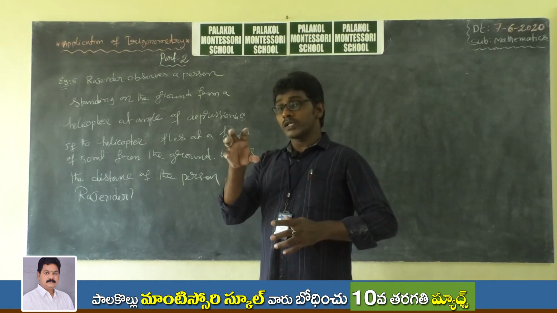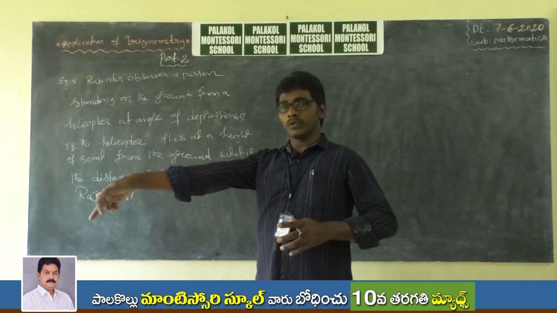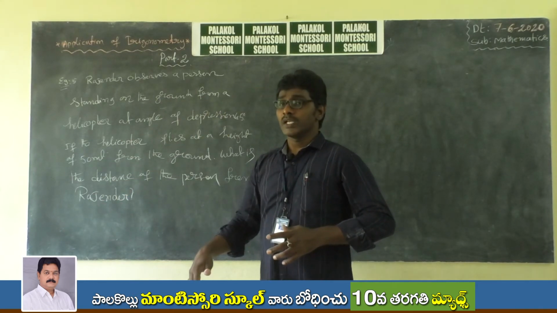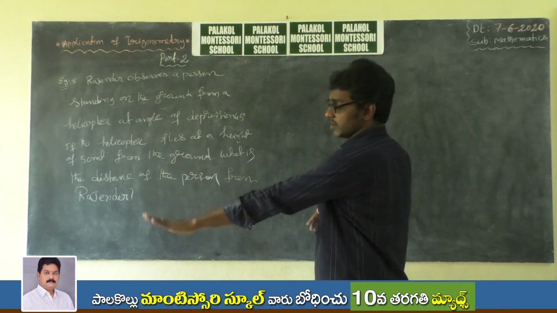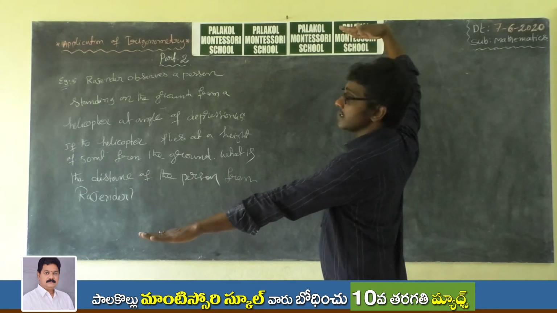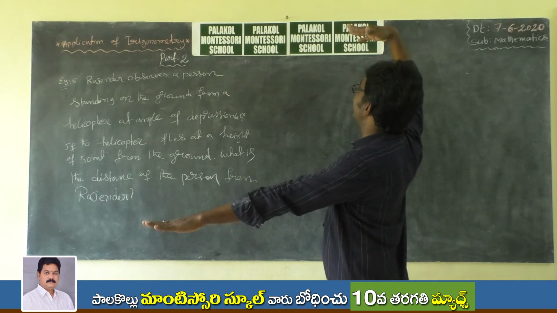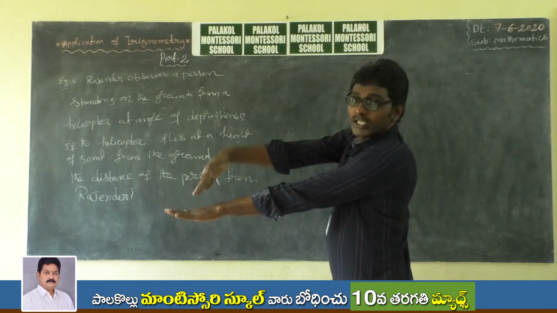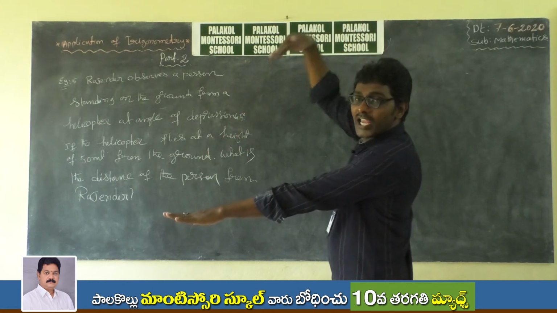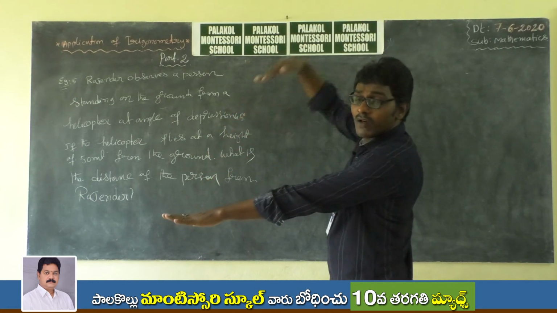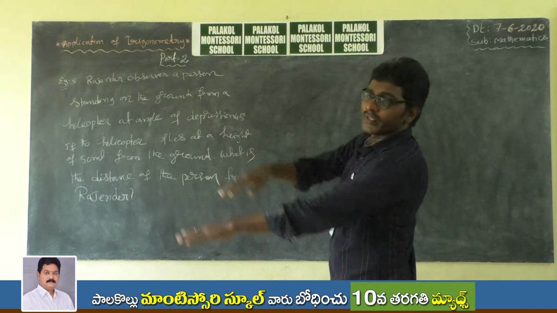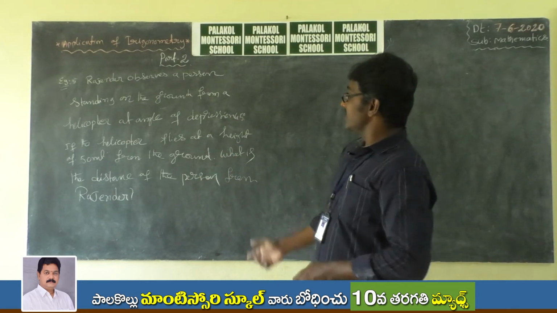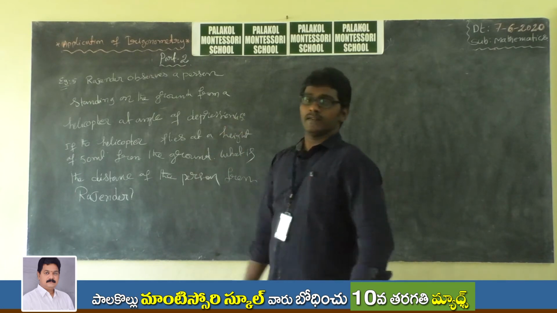Rajendra observed one person on the ground. So imagine the observed point is down and Rajendra is up. So definitely the line of sight is downward, and the angle formed is an angle of depression. That angle is given here, 45 degrees.